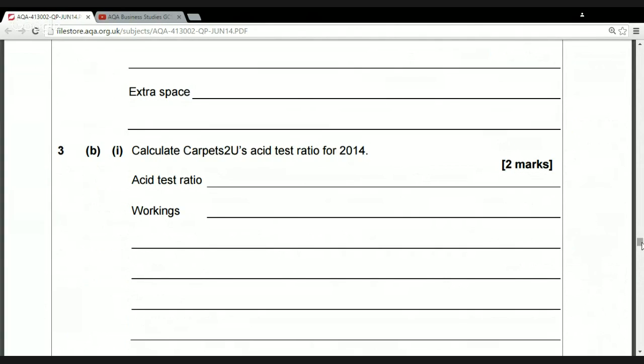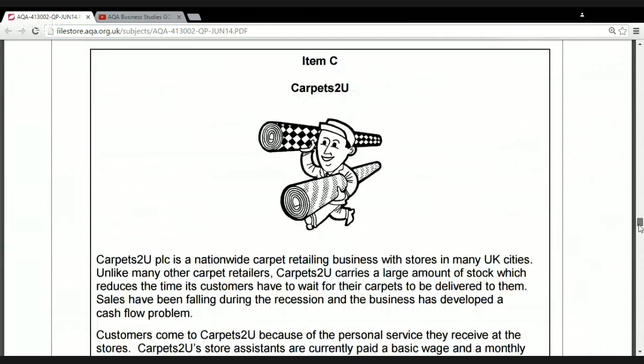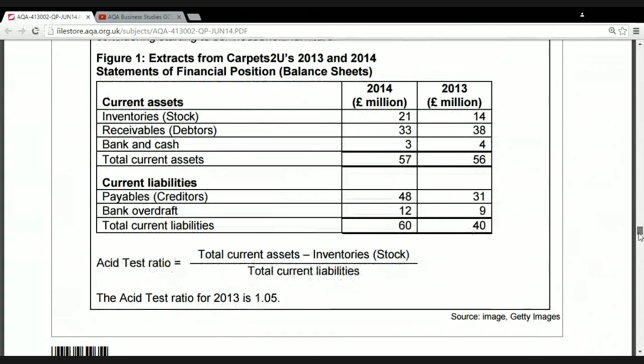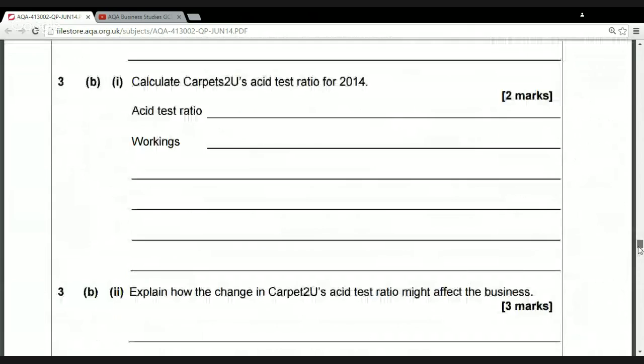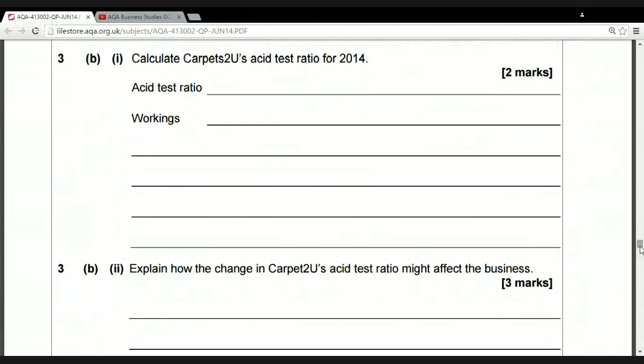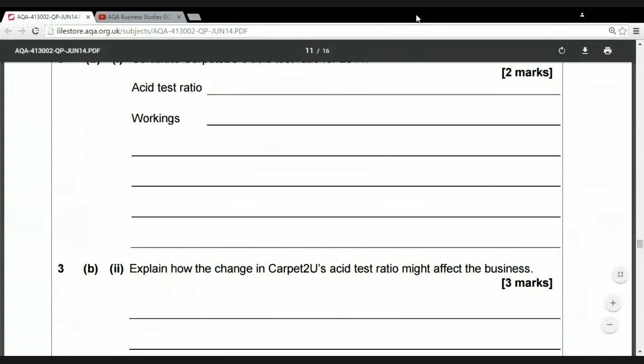So 57 is the total current assets, minus inventory, 21. And then you divide that by the total current liabilities, which is 60. And your answer would be 0.6. That would be your answer, 0.6.